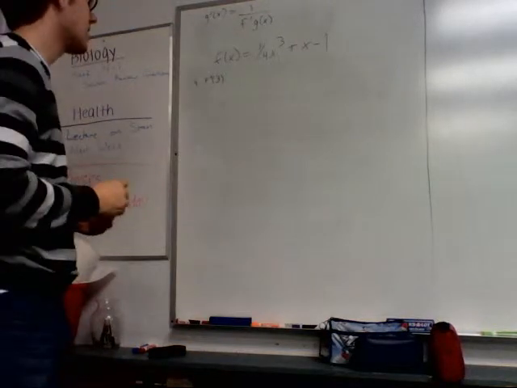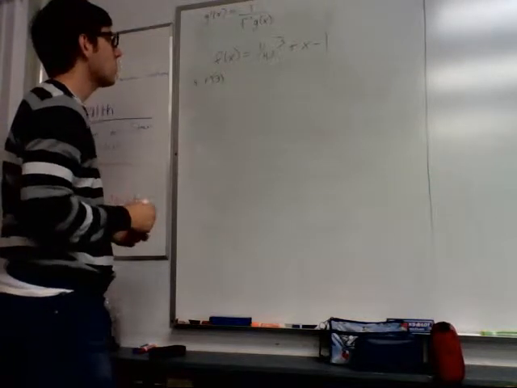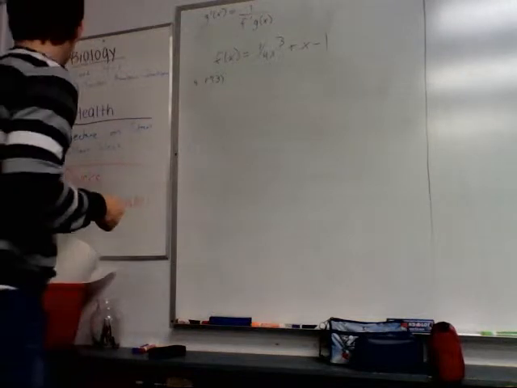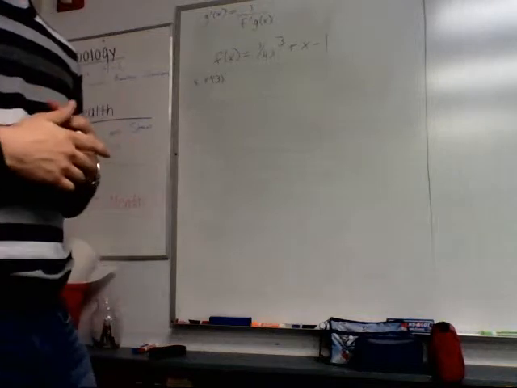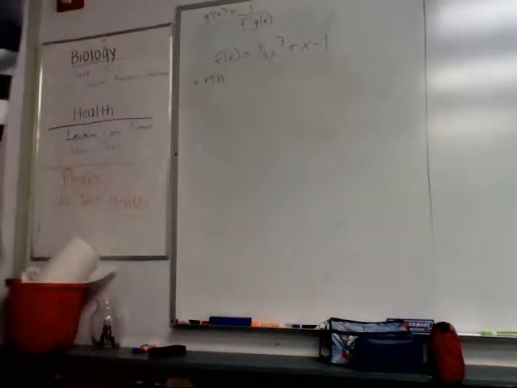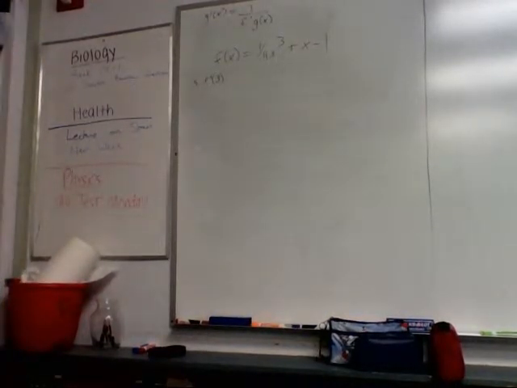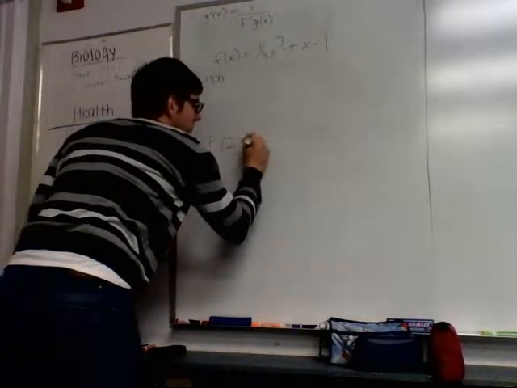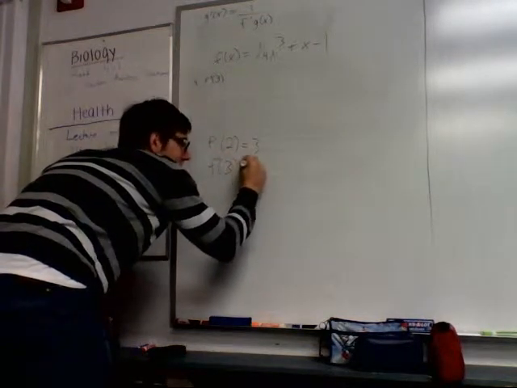So they kind of use reverse logic. Sorry, I was trying to think of a good way to explain this. So they want to know when f inverse of 3 equals something. So their logic, what they say, because f of x equals 3 when x equals 2, so if f of 2 equals 3, f inverse of 3 is equal to 2.